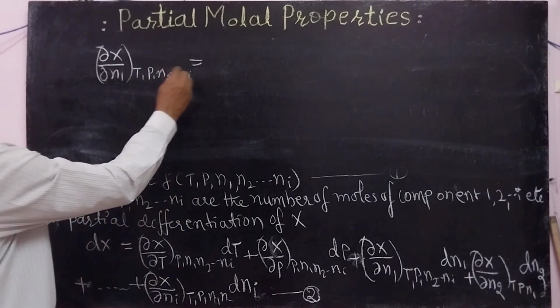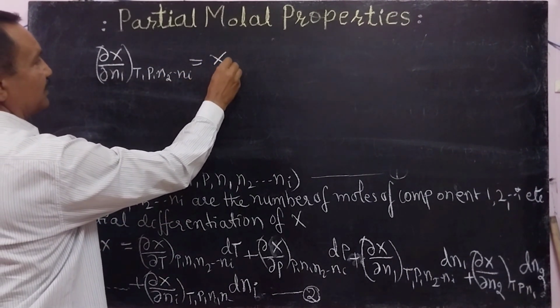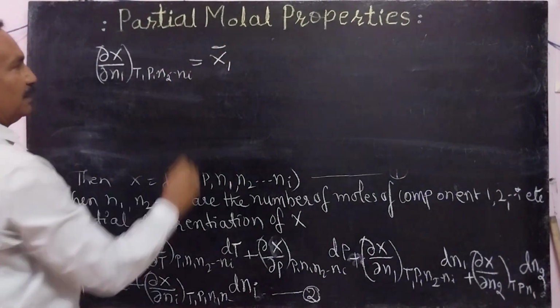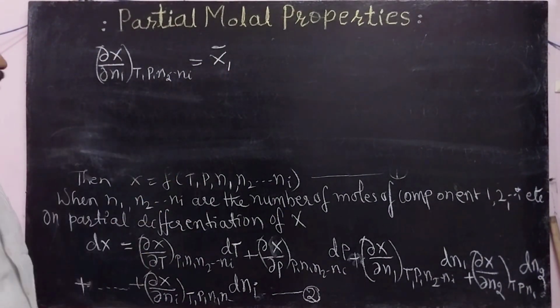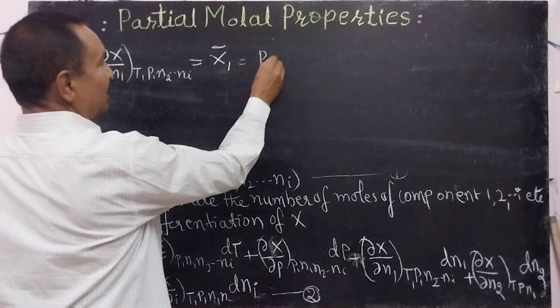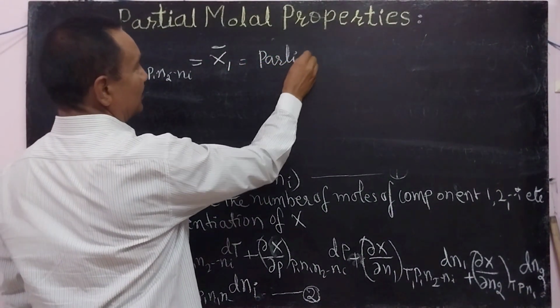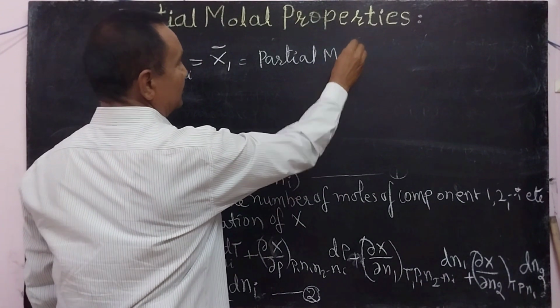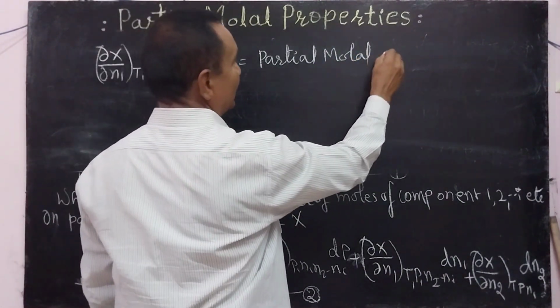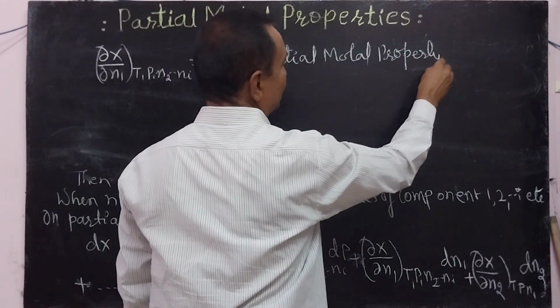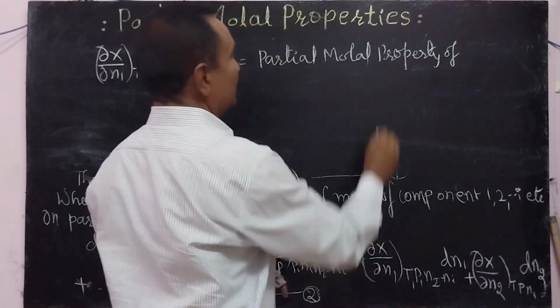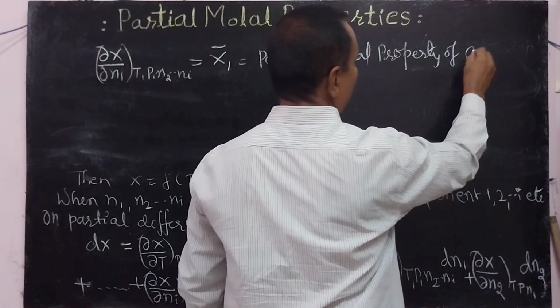Okay, it is represented by X1 bar. 1 indicates the component number. This is the partial molar quantity or property of component 1.